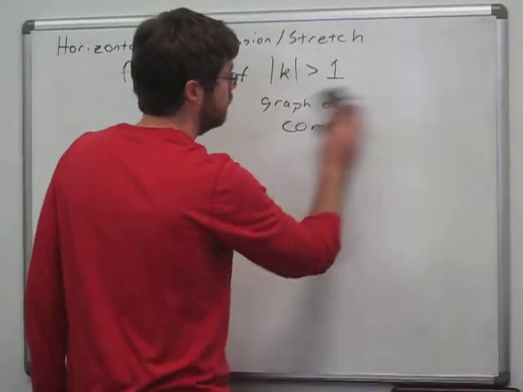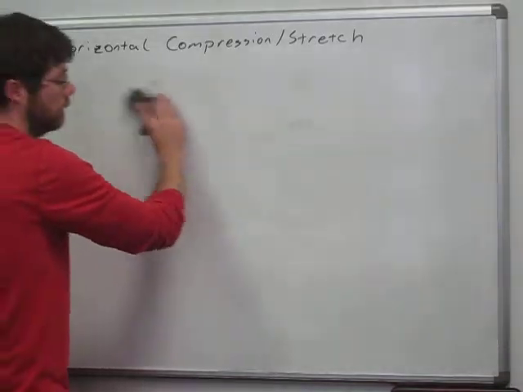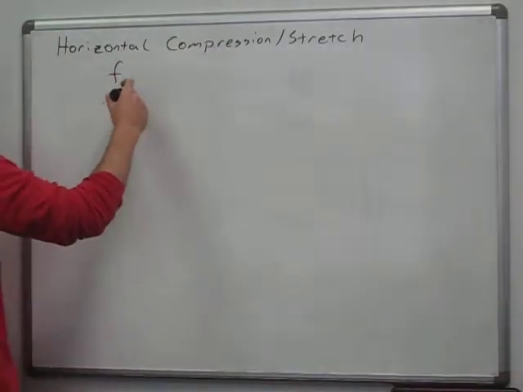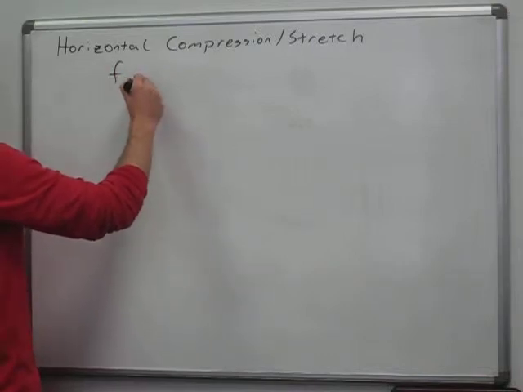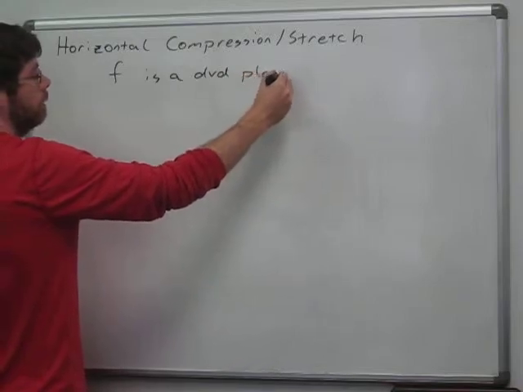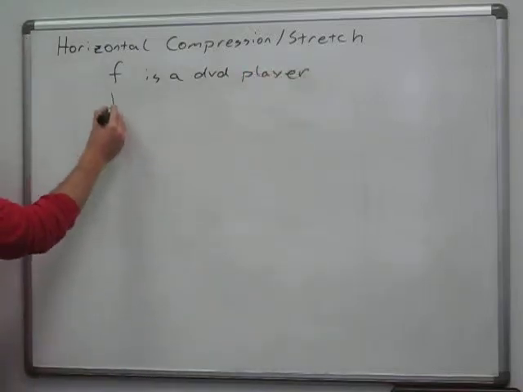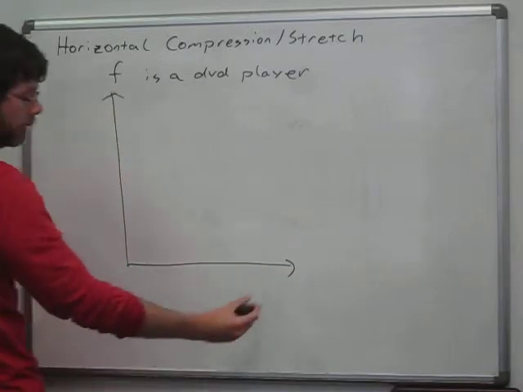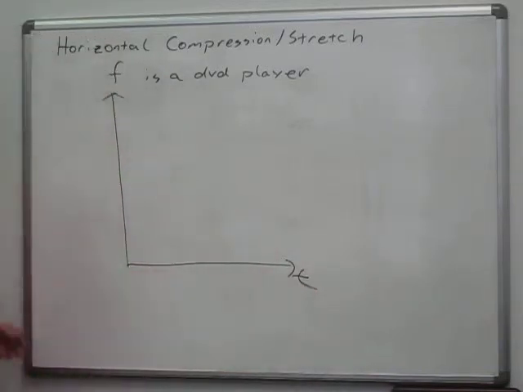So now I want to think about this in a very intuitive manner. So suppose f is just a DVD player. So on my axes here, I'm going to have time.